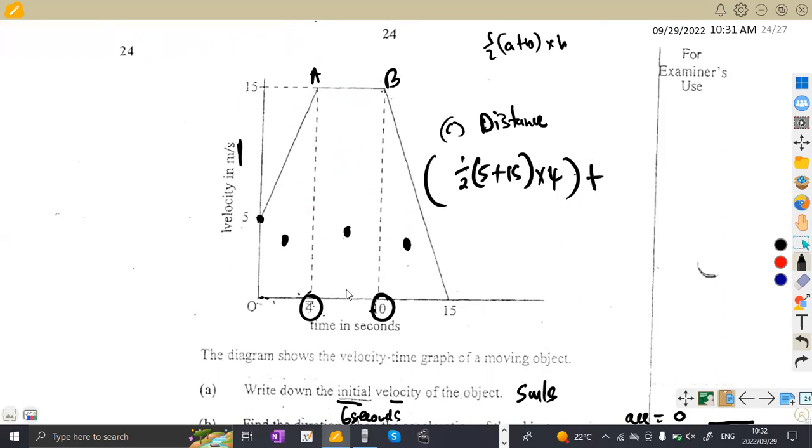So it's 15 times 6, the duration, remember it was 6. Plus the last one, a right angle triangle, which is half base times perpendicular height. So it's half of the base, which is from 10 to 15, that is 5, times the height, which is 15. So that is what you're going to obtain.